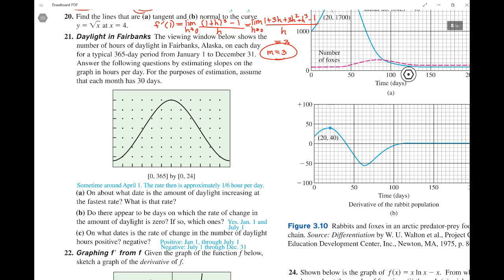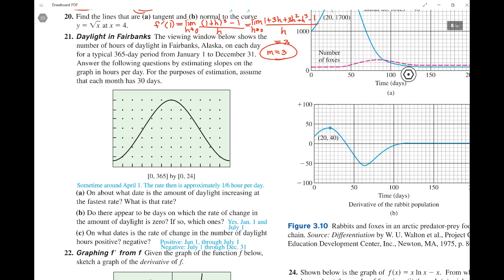So we want the steepest slope. What is that rate? How would you approximate the rate? Right here, you could approximate that curve.